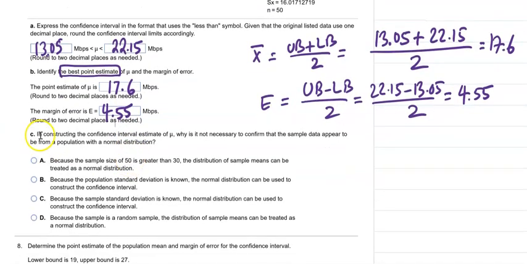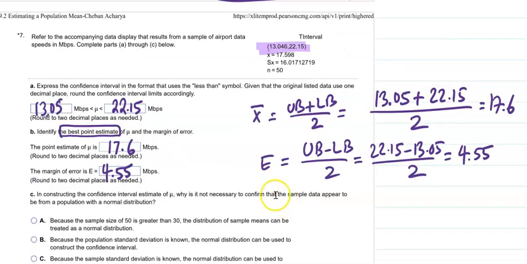Part C, in constructing the confidence interval estimate of mu, why is it not necessary to confirm that the sample data appears to be from a population with normal distribution? Pretty much the question is asking why the population does not have to be normal in this case. Because look at the sample size. The sample size is greater than 30.